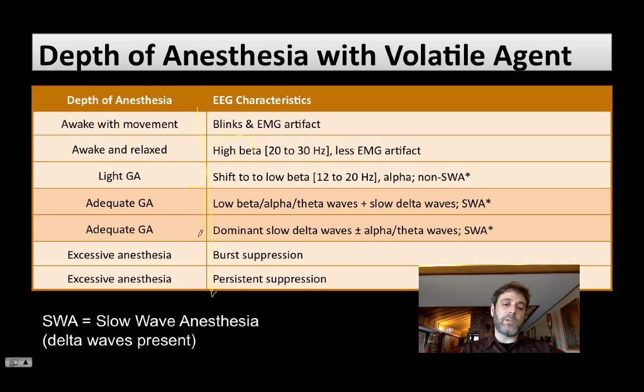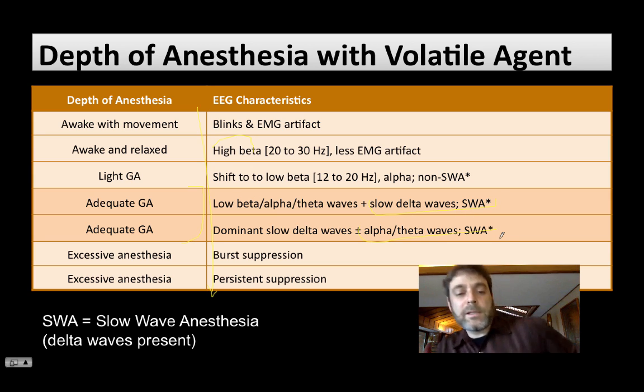And then with adequate general anesthesia with the volatile anesthetic, we like to see a slow delta wave pattern, which Jamie Sleigh and colleagues refer to as slow wave anesthesia. But also there can be superimposed spindles or dominant delta activity with excessive anesthesia.